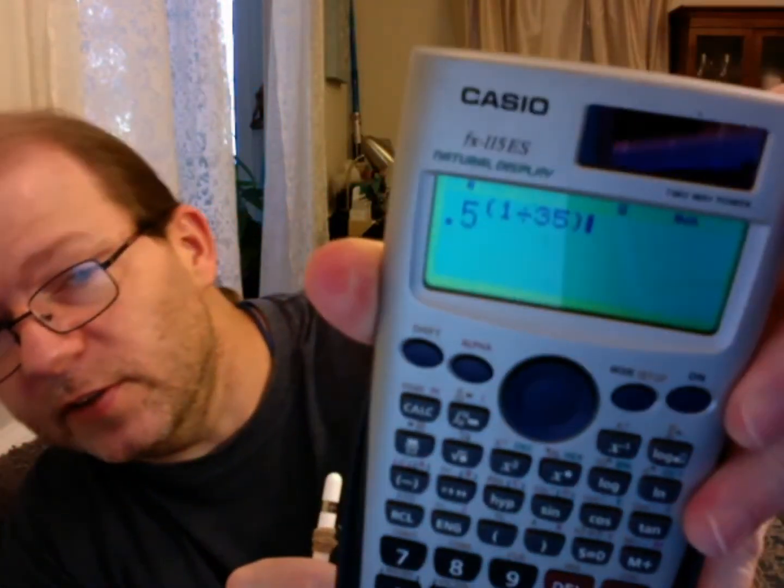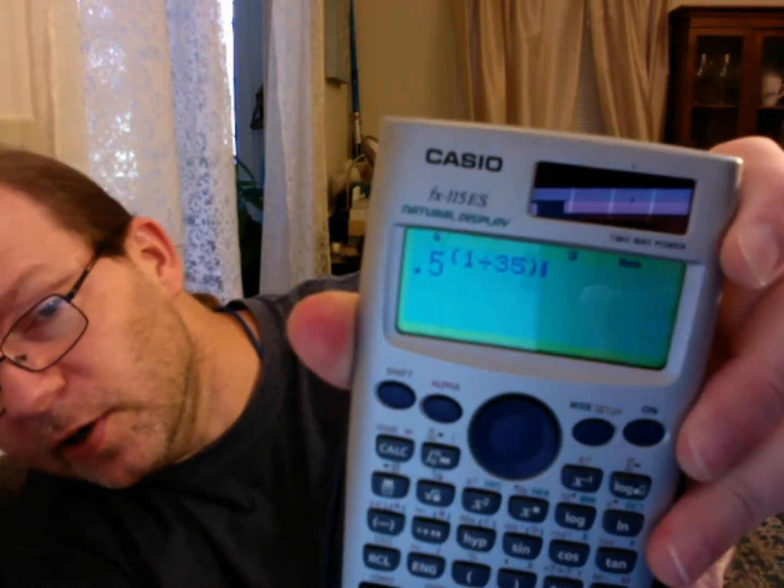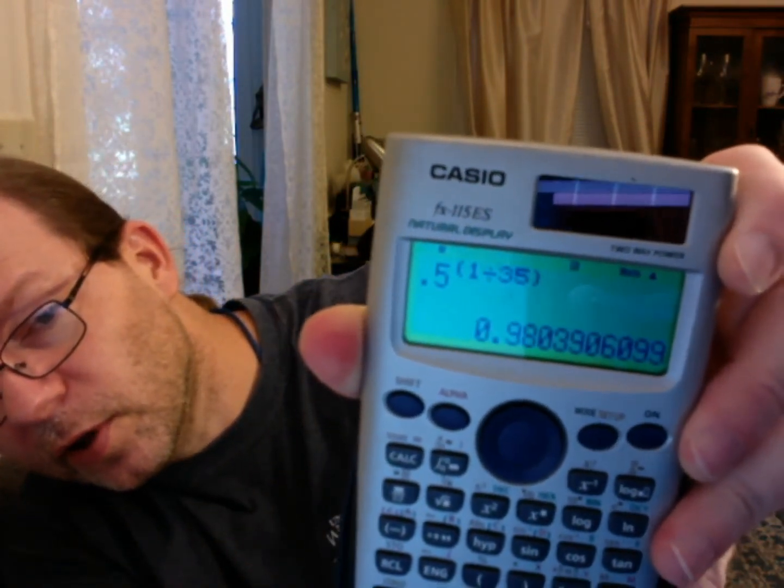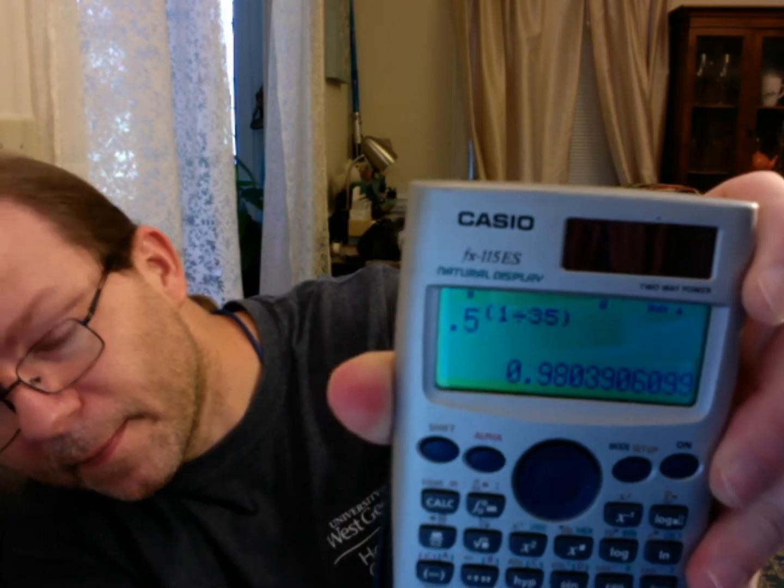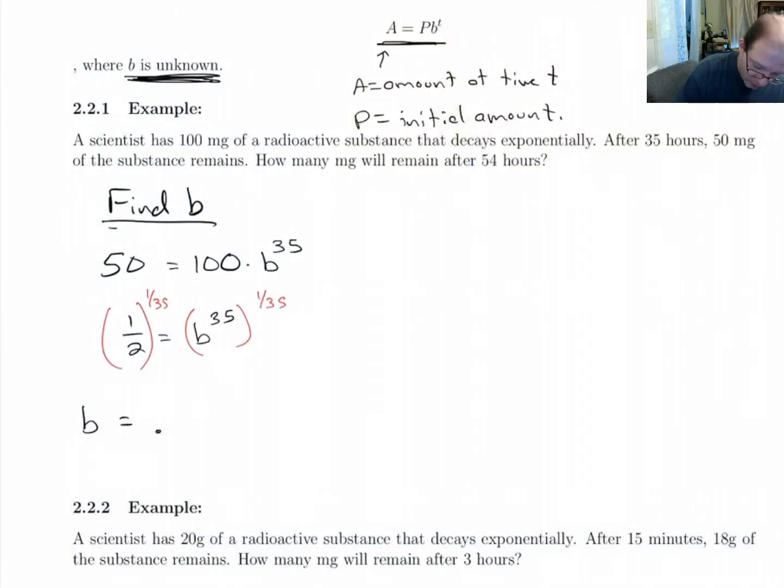I like to avoid fractions on my calculator, so I'm going to do it as 0.5 raised to the 1 divided by 35. When I hit enter, it gives me this number, 0.98039.